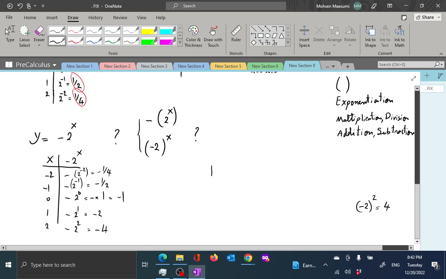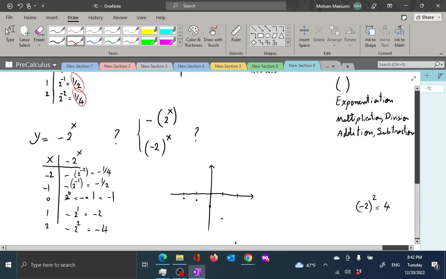So what do I get after all of this? When I draw this picture, a minus came in front of my values. So at 0 I get minus 1, at 1 I get minus 2, at 2 I get minus 4, at minus 1 it is minus a half, at minus 2 I get minus a quarter.